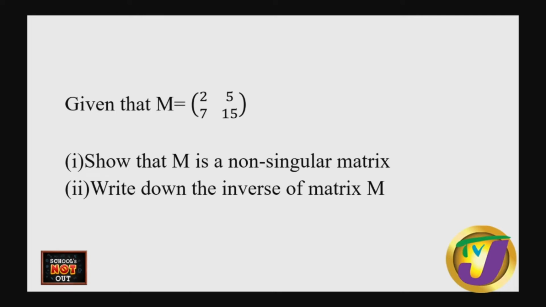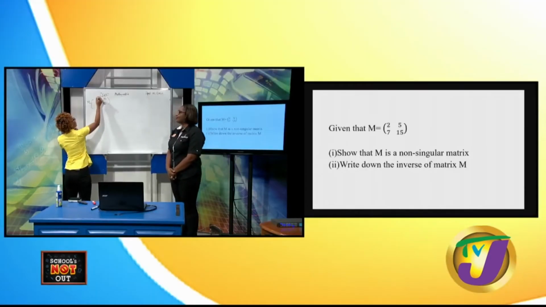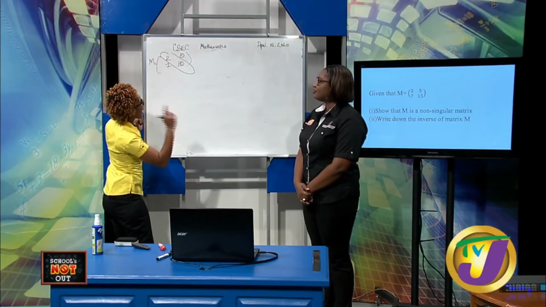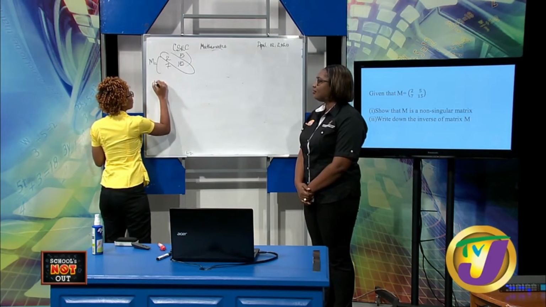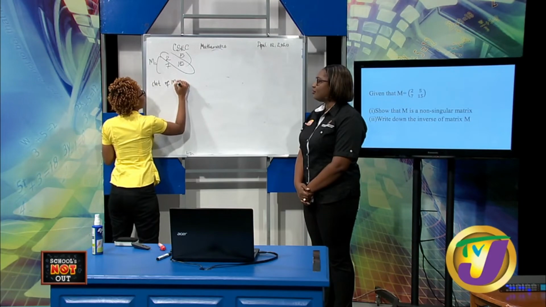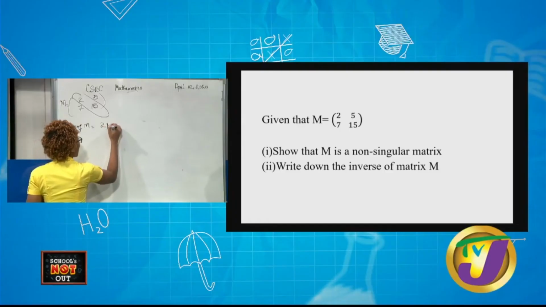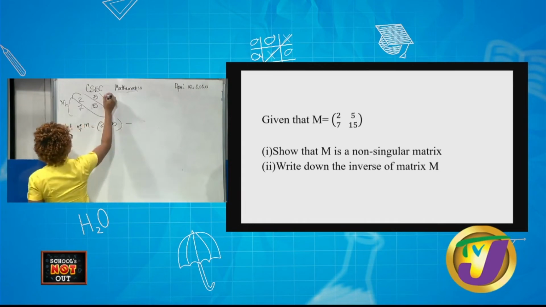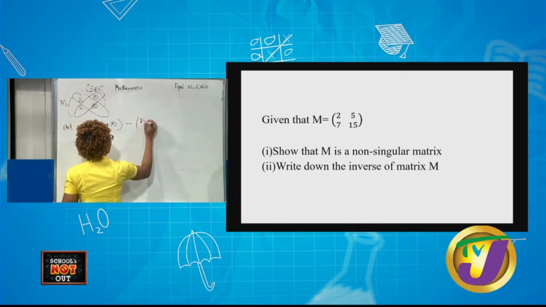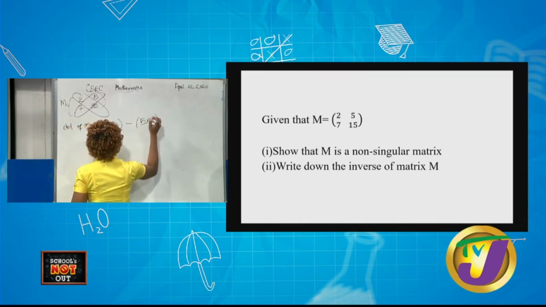So I know how to work this, and I'm remembering what you just said. My determinant, I multiply the elements in my leading diagonal first. So the determinant of M gives me 2 times 15 take away 5 times 7.